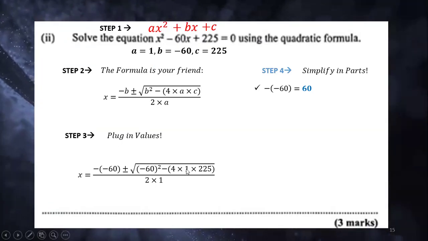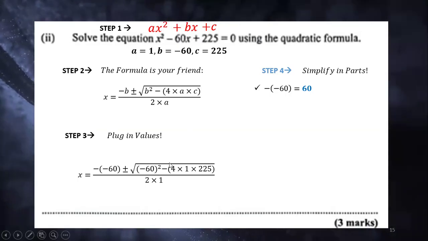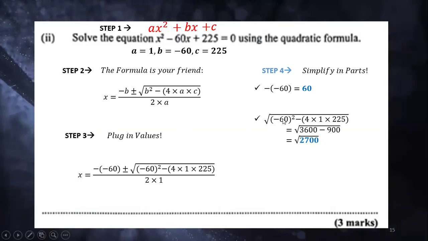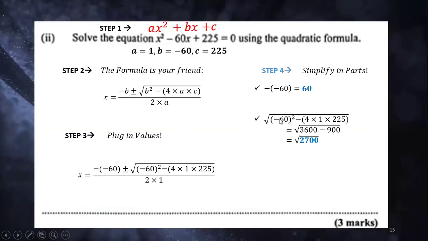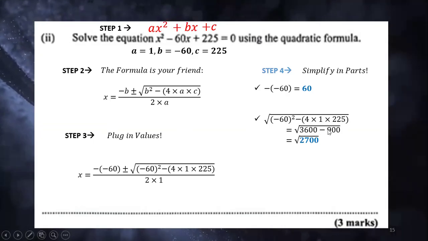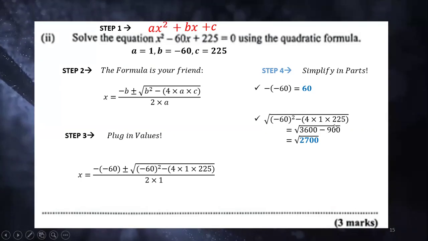This is called the discriminant, not very important, but we're going to work this part out separately. Just like this, it's going to be negative 60 squared. When you put this into the calculator, negative 60 squared becomes 3600. Take away sign, 4 by 1 by 225 gives me 900.